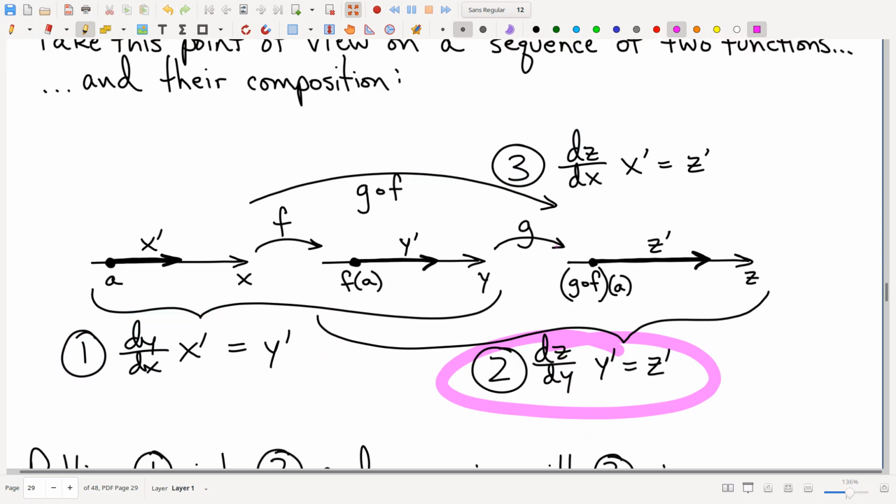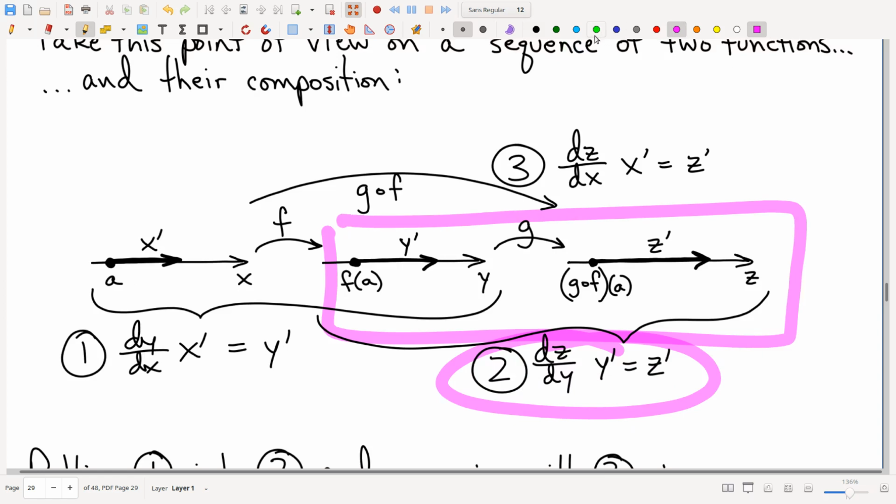Number 2 is about the function g, which takes y prime as my input velocity and z prime as my output velocity, and the derivative of g, dz/dy, is what I multiply by y prime to get z prime. So again, it's exactly the point of view we had above. Is everybody happy with that?